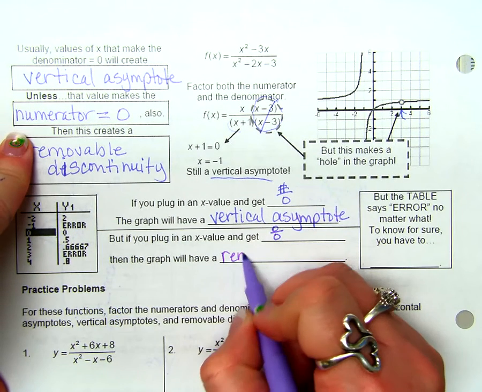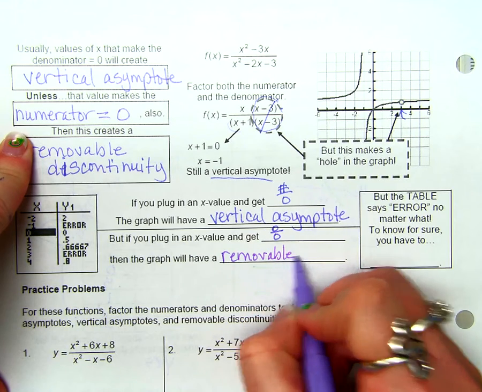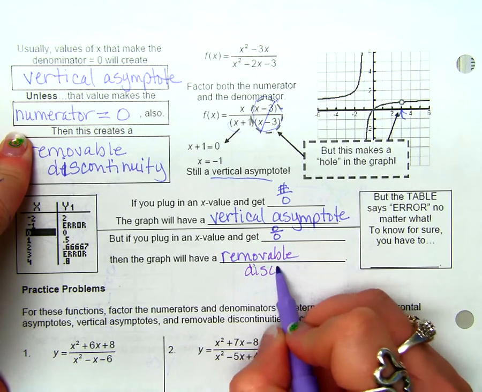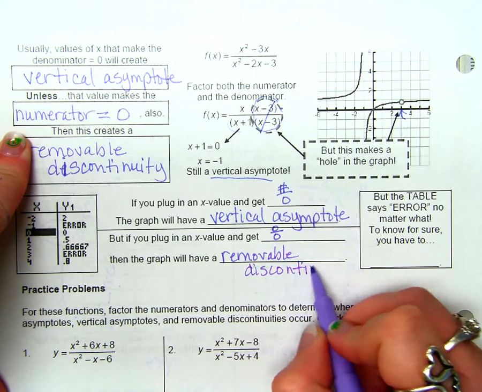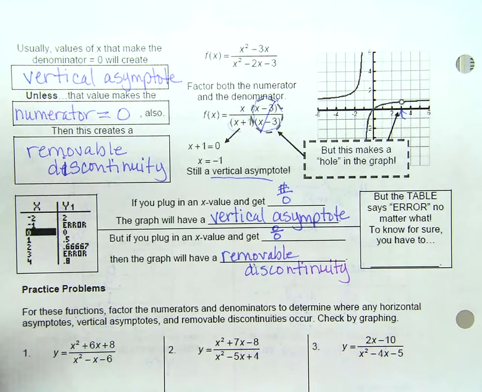Removable. A removable discontinuity. We can't abbreviate it yet. Good try though.